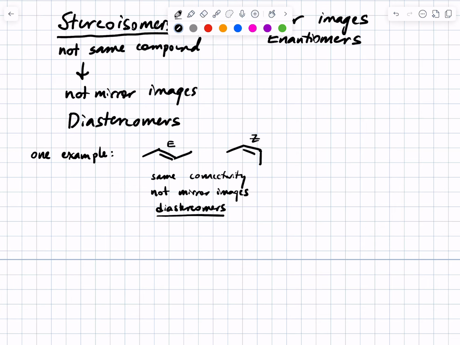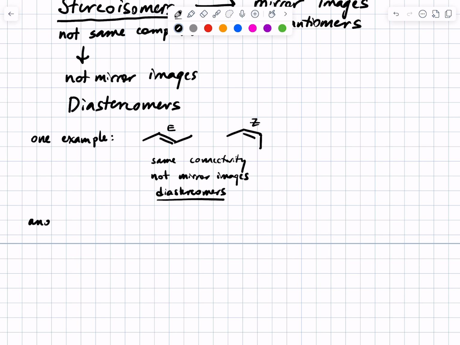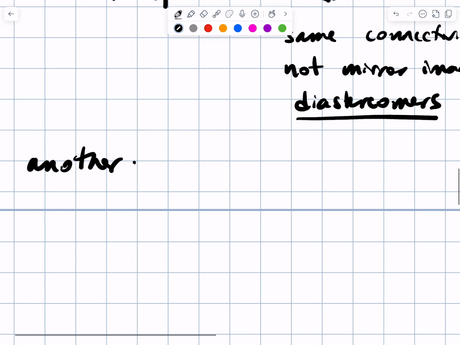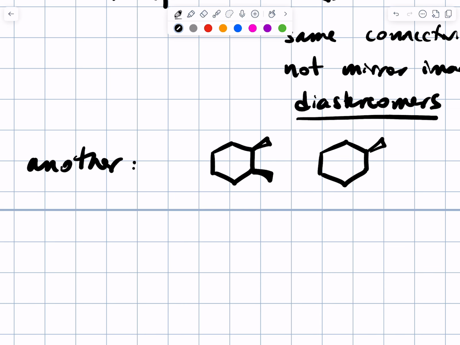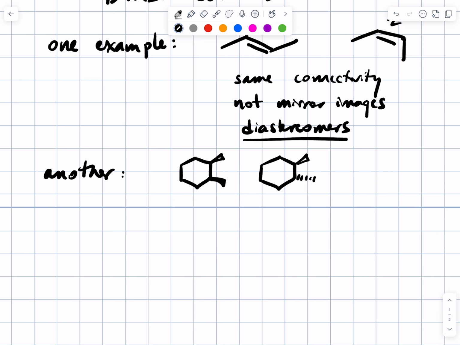You maybe have another example of this that you've seen before. Perhaps on Friday, I'm not sure if you talked about this, but let's talk about these two cyclohexanes. In the one on the right, the methyl groups are trans to each other.